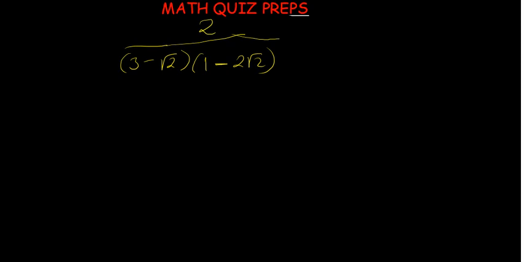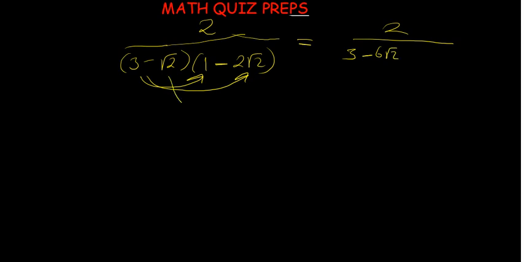So I don't know what method can be used. Alright, what we are going to do is distribute 3 by 1, that is 3, and 3 by that will be negative 6 root 2. And then negative root 2 times 1 will be negative root 2.